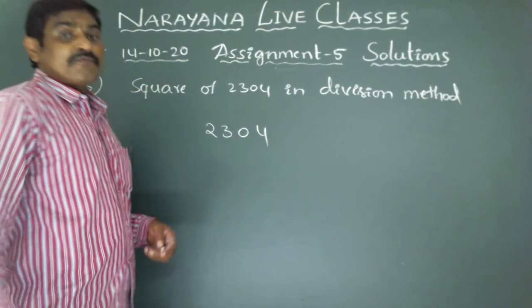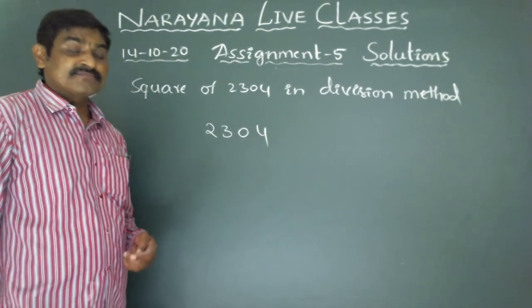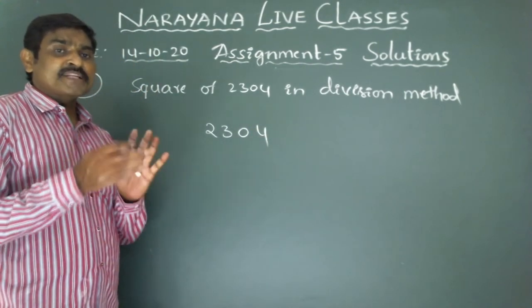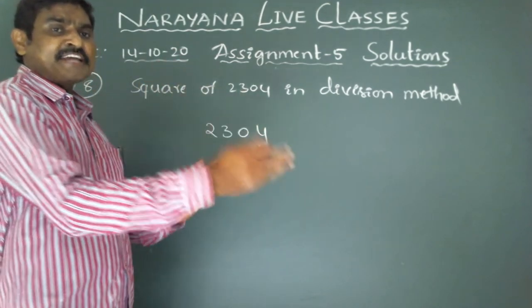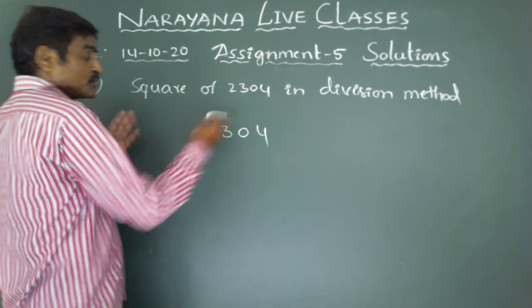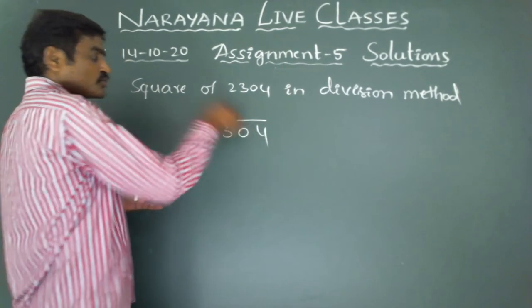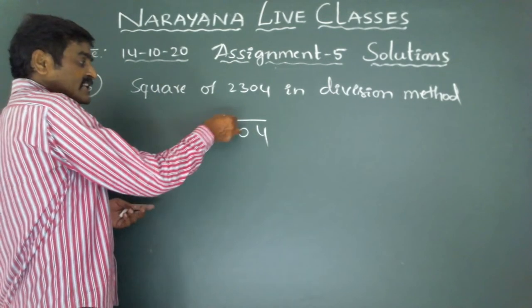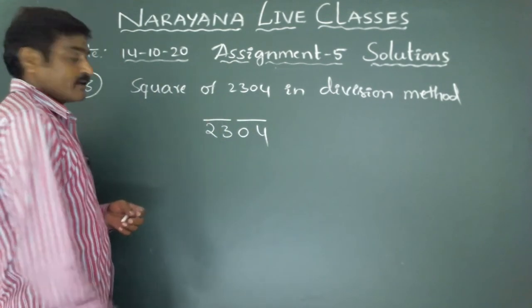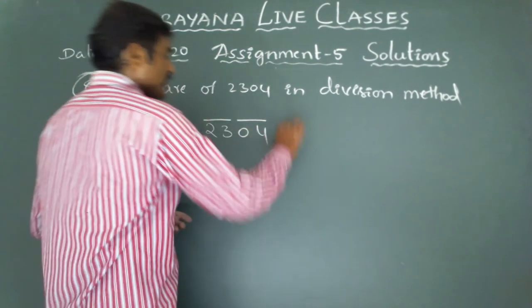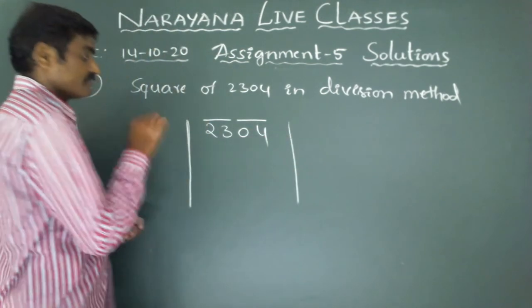See, 2304. First, to do the division method, you will take every two digits as one group from right to left. From right to left, first two digits are these two digits. Next two digits are this one. Okay. Now I want to find the square root of this number in this way.